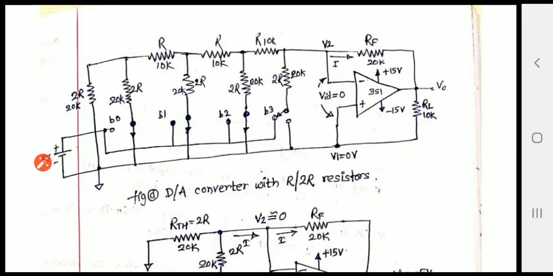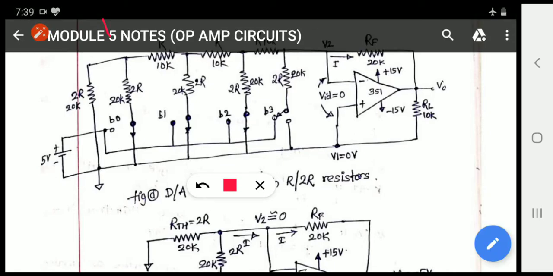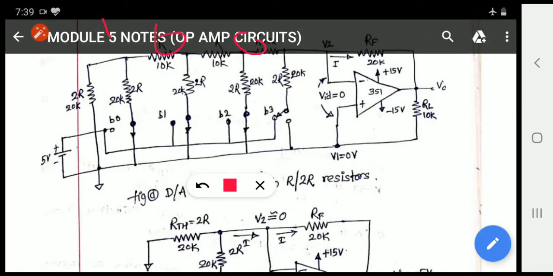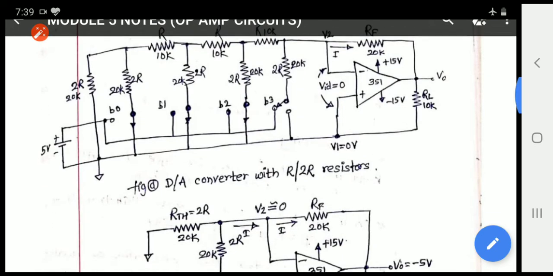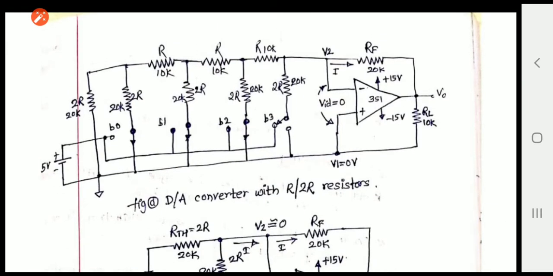B3 is the MSB and B0 is the LSB. So the total input binary which is given here is nothing but 1 0 0 0. For this binary input we will find out the analog output.